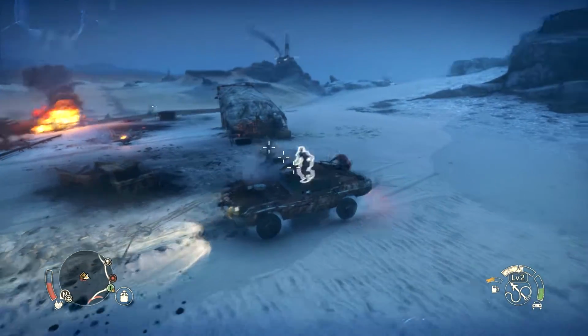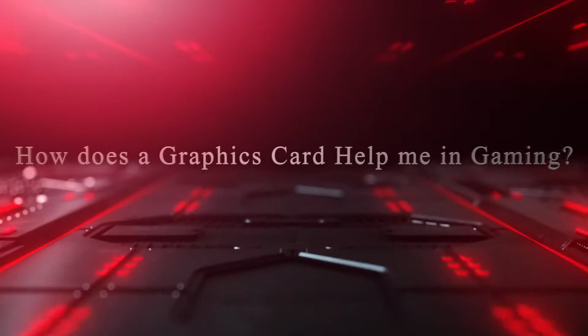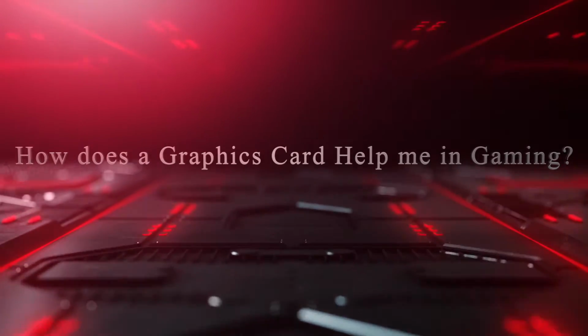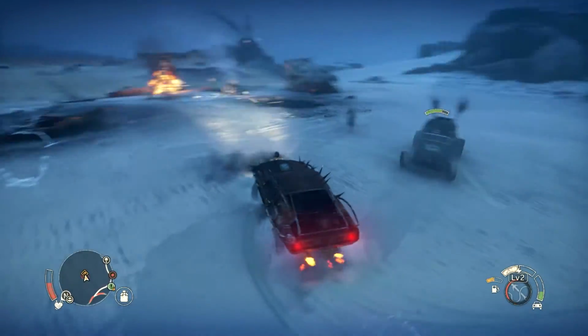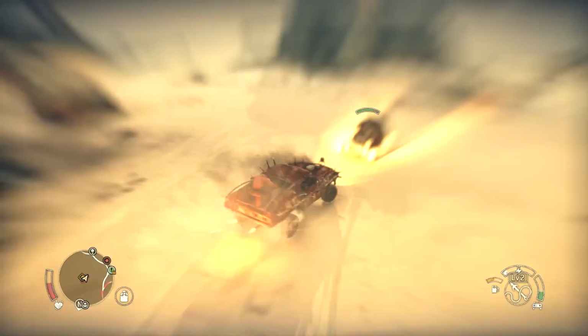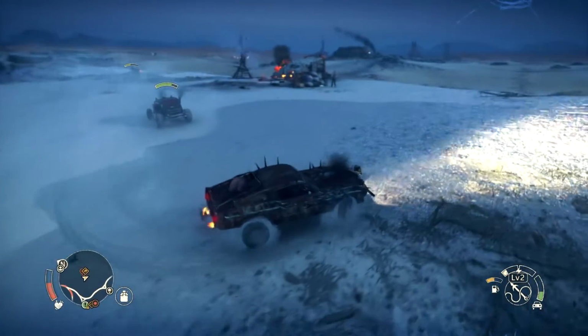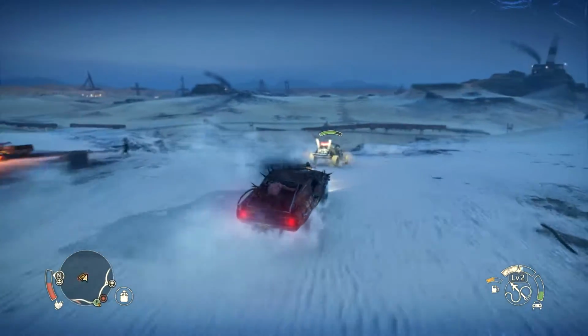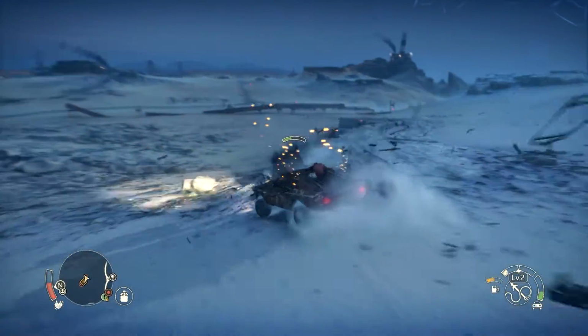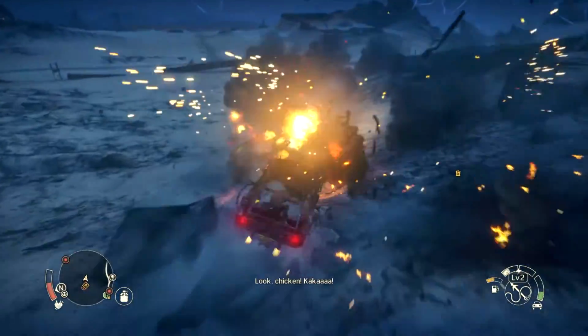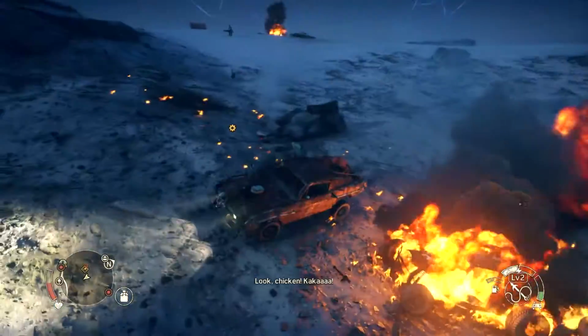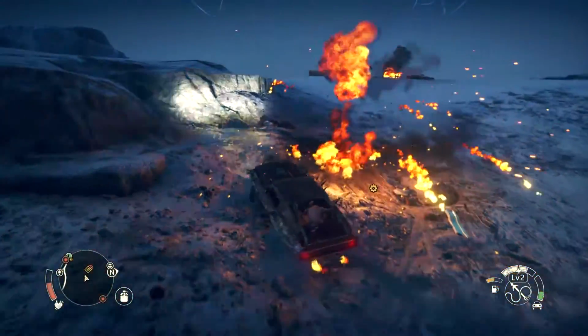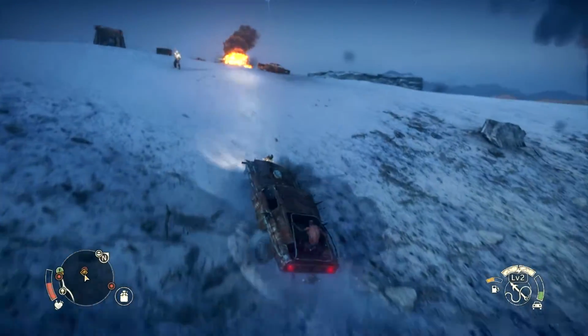Now we are moving on to how does a GPU help me in gaming? As we've explained before, GPUs handle tessellation, shading, complex physics, light physics, and other such complex instruction sets. In gaming, this can be anisotropic filtering, anti-aliasing settings, shadows, cloth physics, fluid dynamic physics, shaders, particle simulation, and much more.